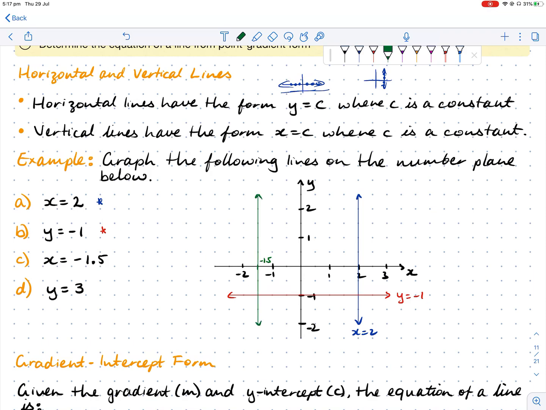So that's going to be the line x equals -1.5. The last line we want to draw is y equals 3. Now 3 is going to be up here if we measured everything out evenly. So if we draw a horizontal line there, that's the line y equals 3. So that's your horizontal and vertical lines.